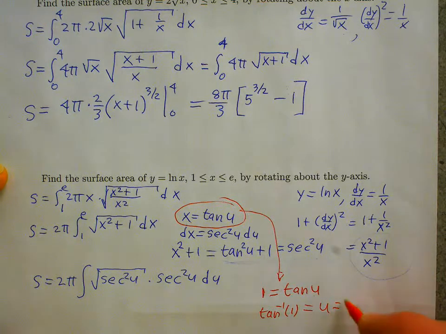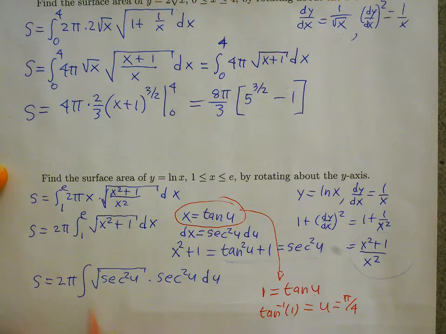Tangent of pi over 4. So the lower limit on this integral will be pi over 4. And then on the original integral, the upper limit is x equals e.